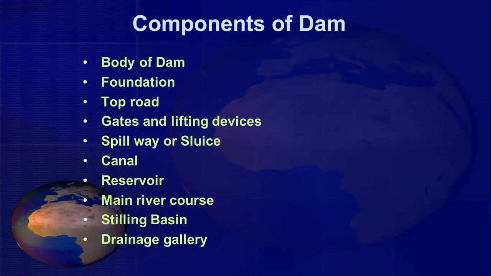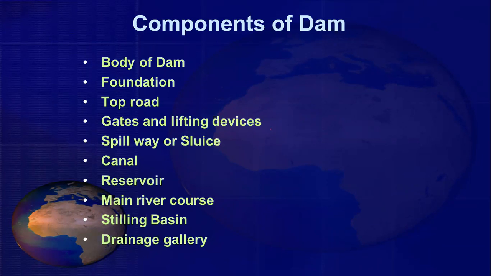the main river course, that is your riverway, a stilling basin for the collection of the various sediments and gravels, a drainage gallery for drainage purposes. Then again, inspection galleries are also there.